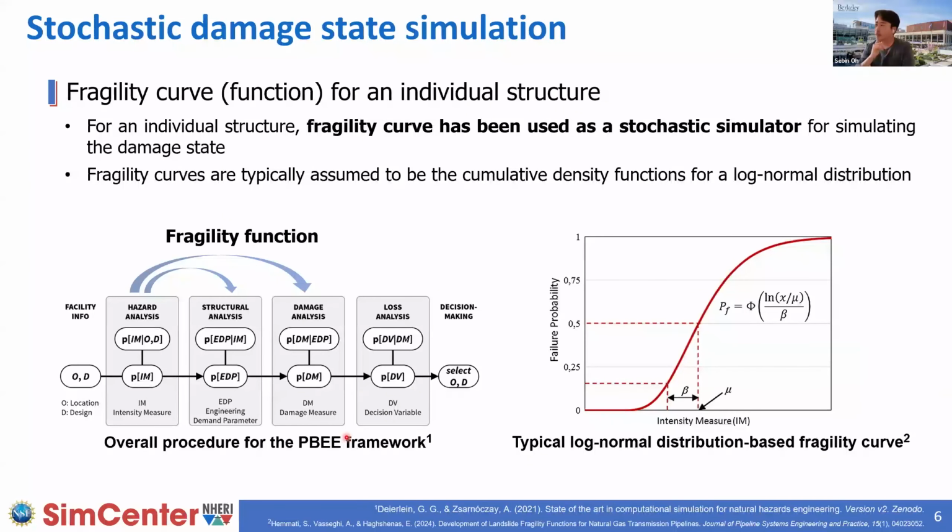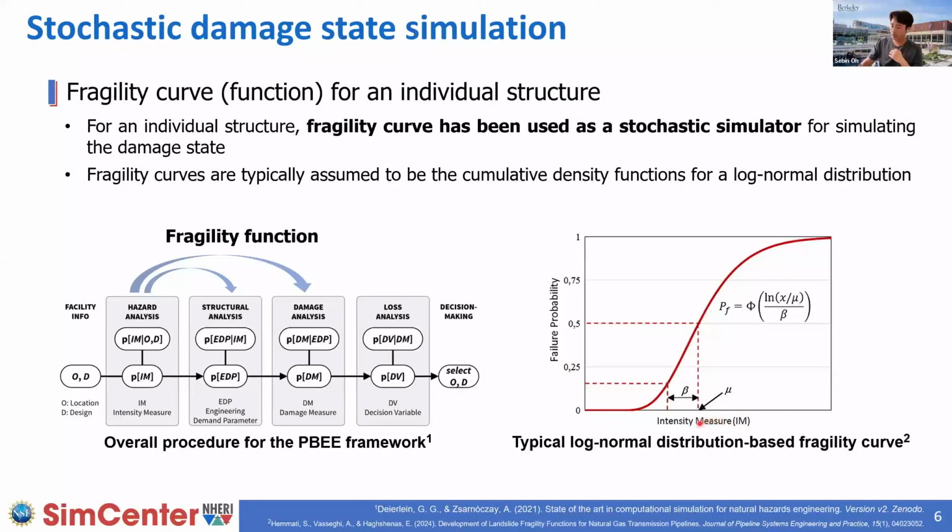And the most typical stochastic simulator used for simulating the responses of a single individual structure is the fragility curve or fragility function. The fragility function is assumed to follow a log normal distribution as shown in this right figure.